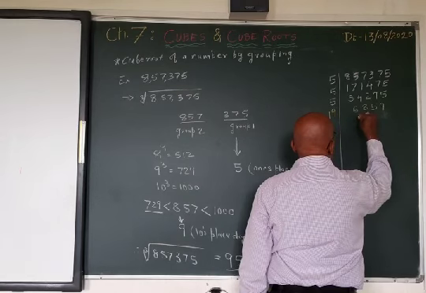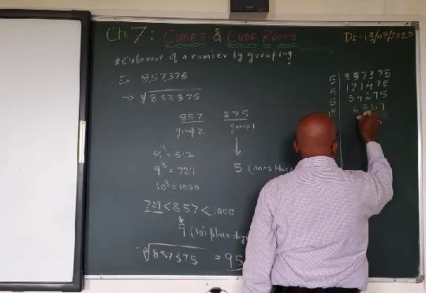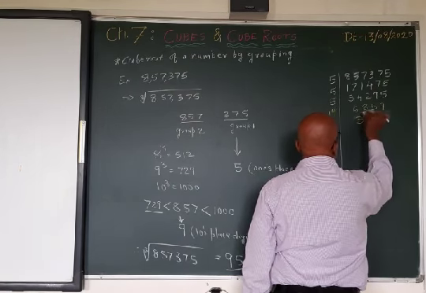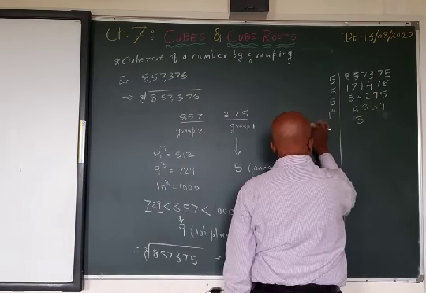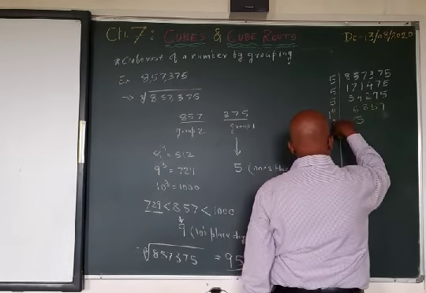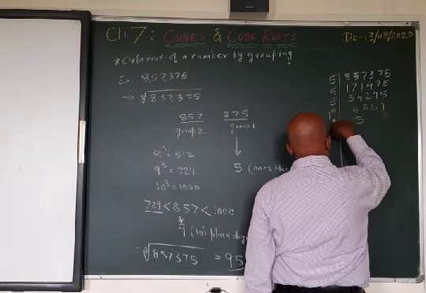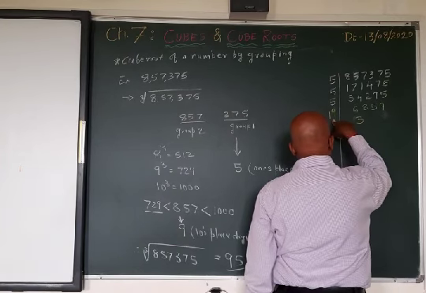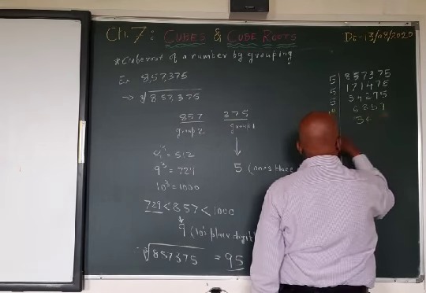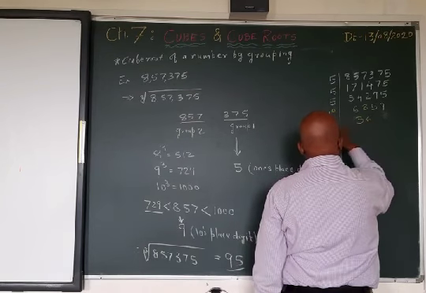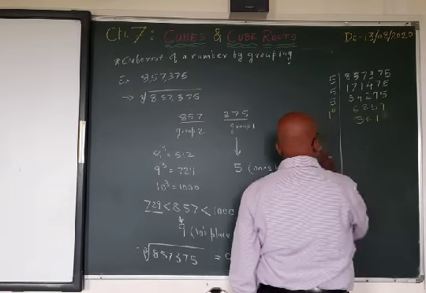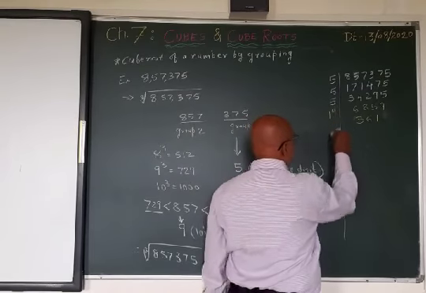So 19 threes are 57, remains 11, 115. 19 fives are 95, 19 sixes are 114, remains 1, 19 ones are 19. Right? Again divide by 19.